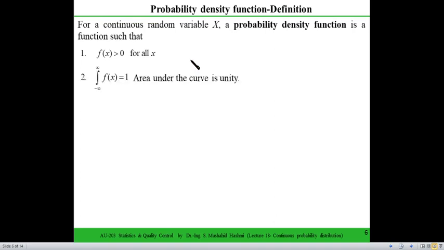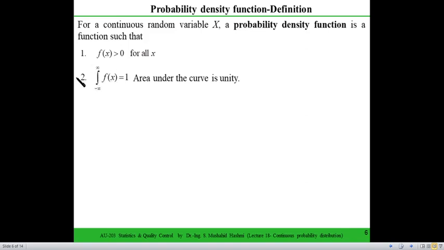The second condition is the sum of the probability. So whatever the probability density function is, if you integrate it over all values of x, that is from minus infinity to plus infinity, your sum would come out to be 1. So we are just replacing the sum with a sigma notation with an integral, which represents a continuous random variable.